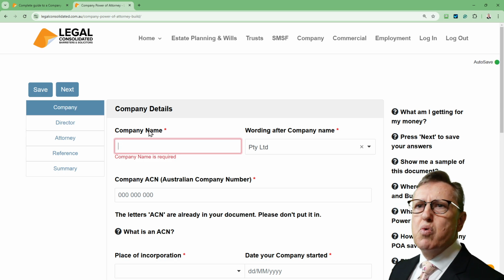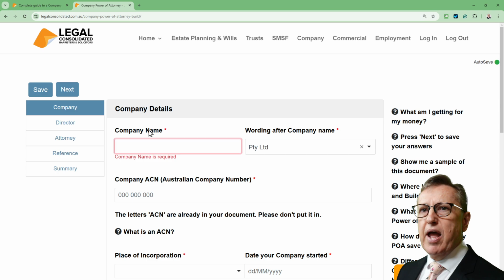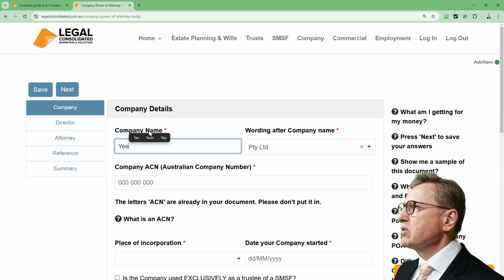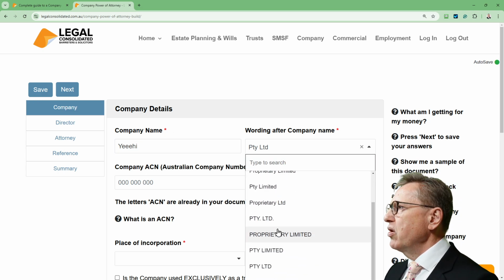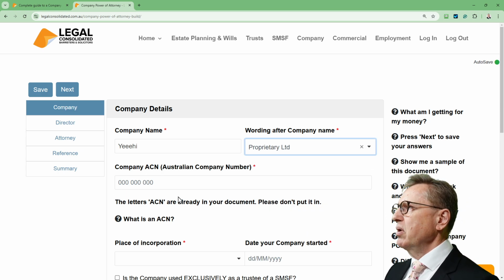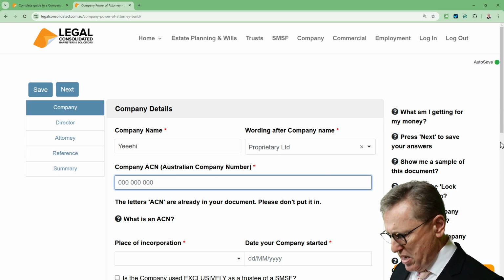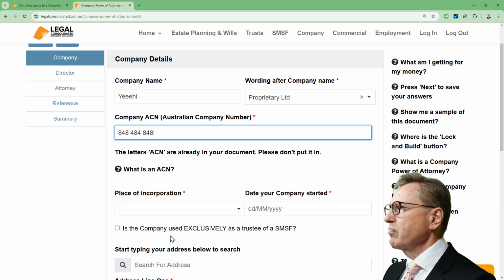So you see the red means that we're not happy. Our law firm's responsible for this document, and we're not happy having that blank. So, this document will make it a proprietary limited company. An Australian company number has 9 numbers by law.